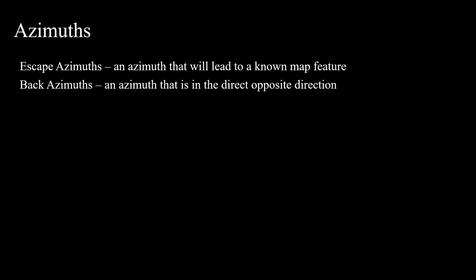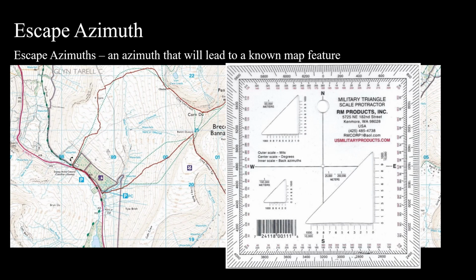Back azimuth is an azimuth that's just in the opposite direction of whichever way you're going. And I'll show you a trick using back azimuths, how to triangulate your position on a map using a map, compass, and protractor. But first, something we want to talk about is the escape azimuth.